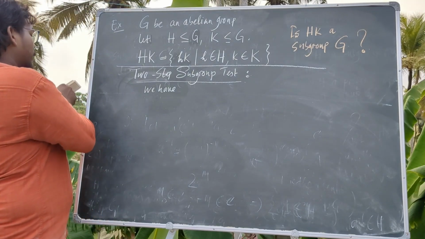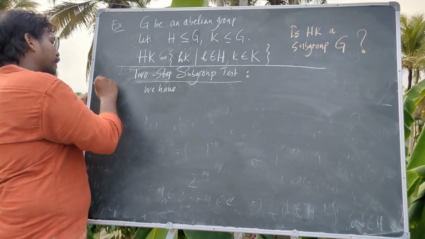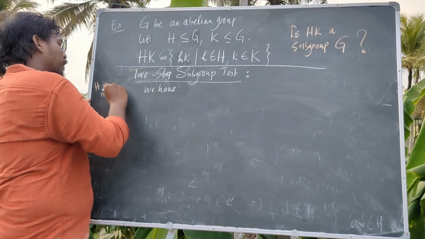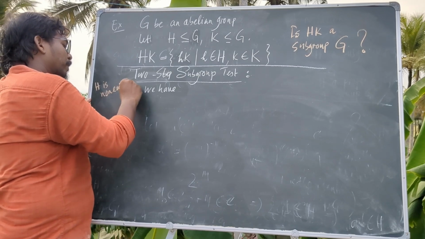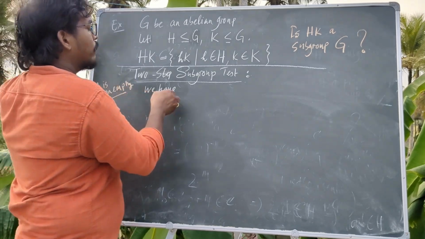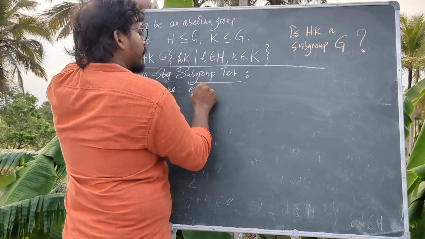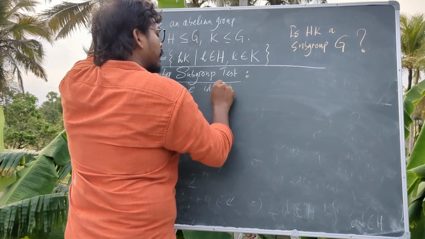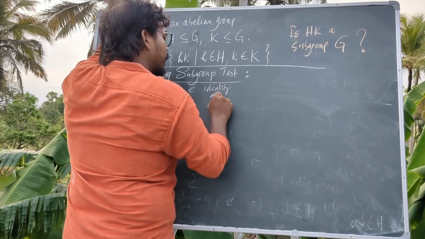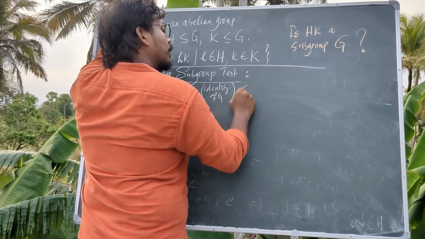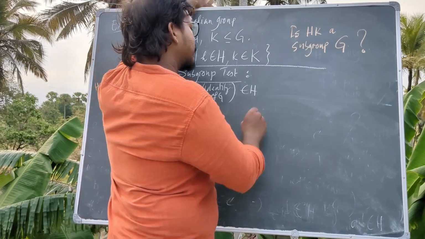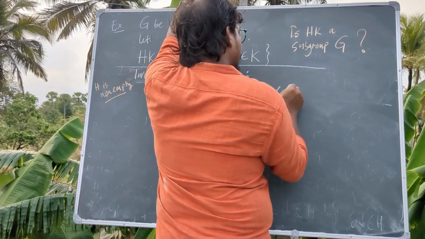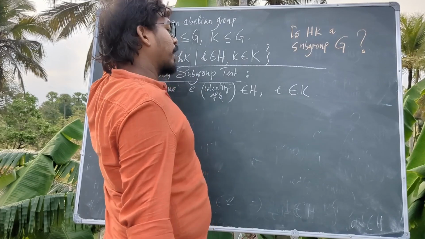Here we will show HK is non-empty. We have the identity E of G belongs to the subset H, and E also belongs to the subset K.